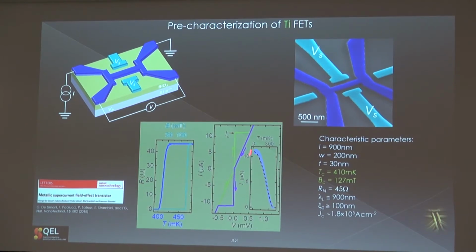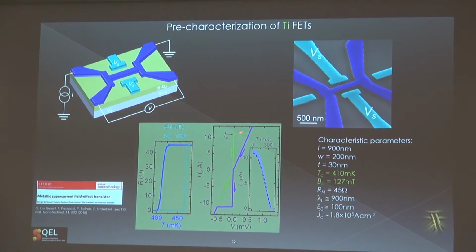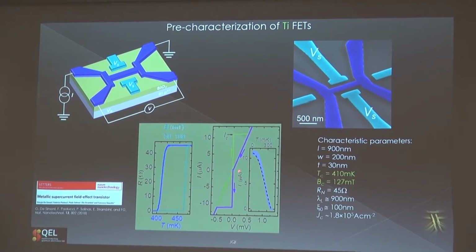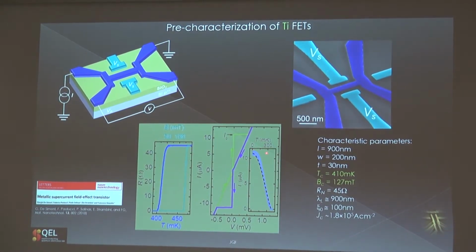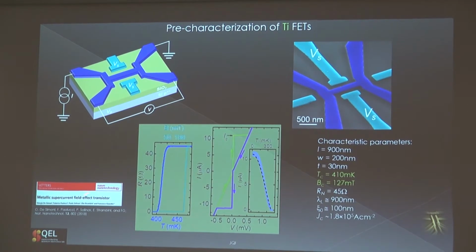Here is the IV characteristic of the wire, showing the switching current, IC, and the retrapping current at a much smaller value. In the inset, we show the full temperature behavior of the critical current in the absence of any field effect.